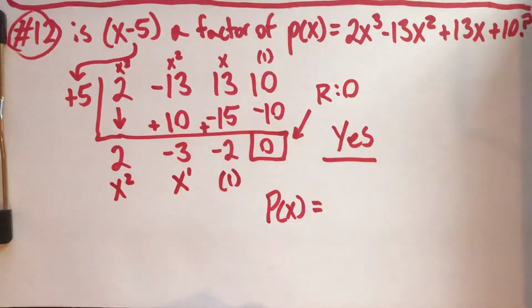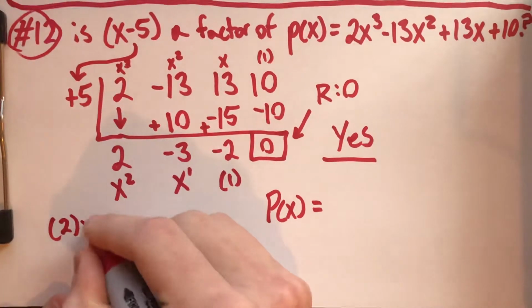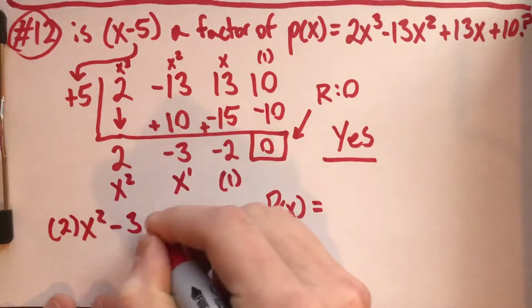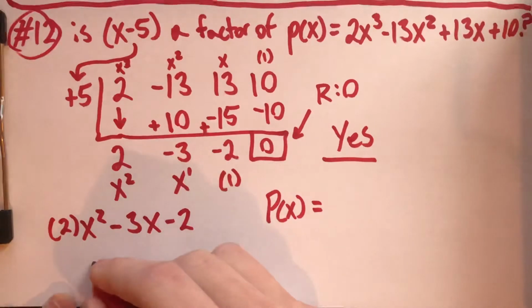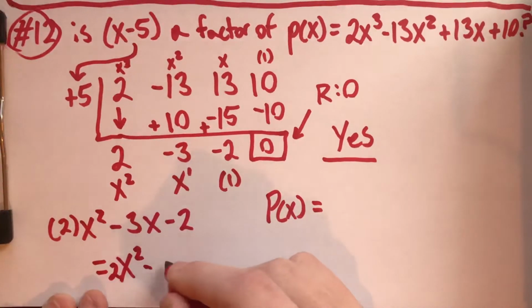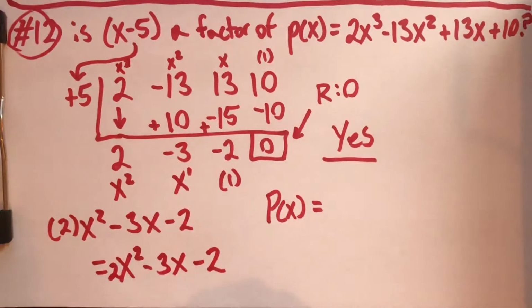So when we write this, we just have to combine all these terms. This will be 2x squared minus 3x minus 2. So we can just rewrite that factor as 2x squared minus 3x minus 2. So to write p of x as a product, it's pretty simple.